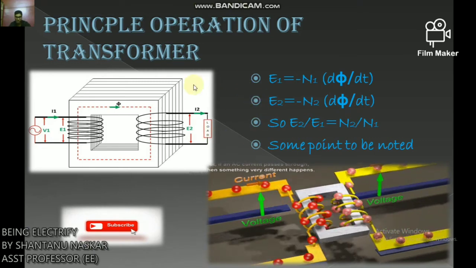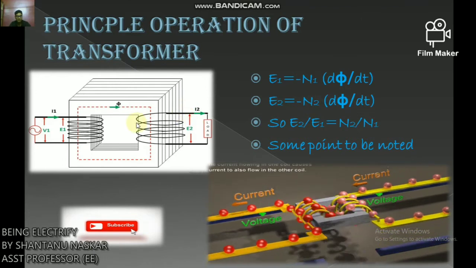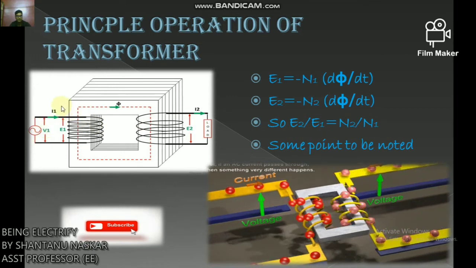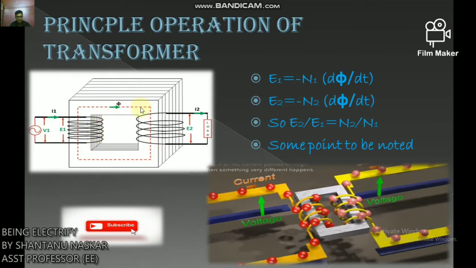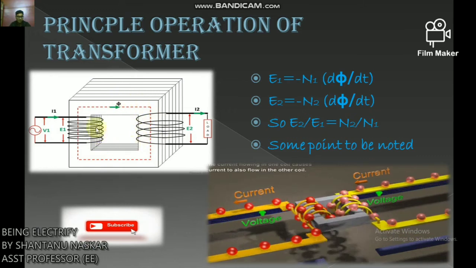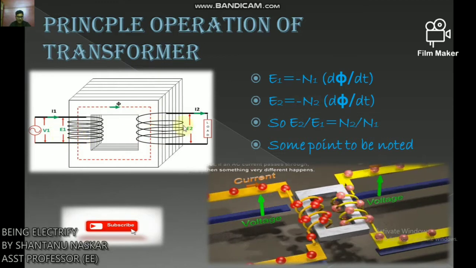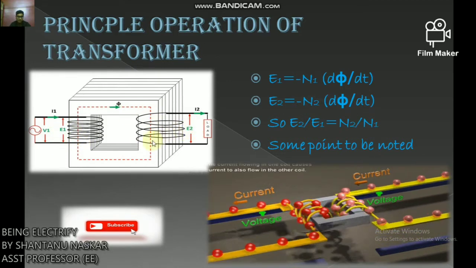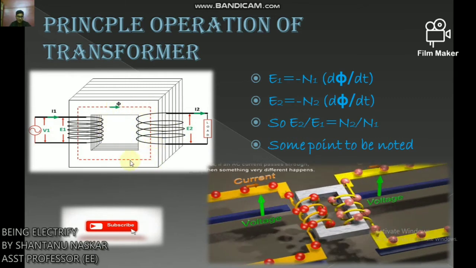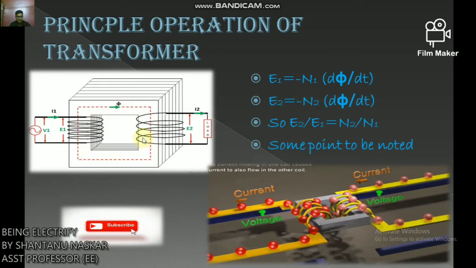Now coming to the working. When an alternating voltage V1 is applied to the primary, an alternating flux is set up in the core. This alternating flux links both windings and induces EMFs E1 and E2 in them according to Faraday's laws of electromagnetic induction, and this happens because of the mutual inductance of the two windings.